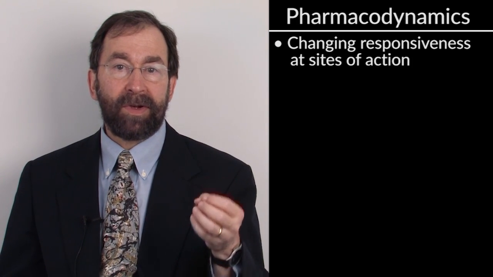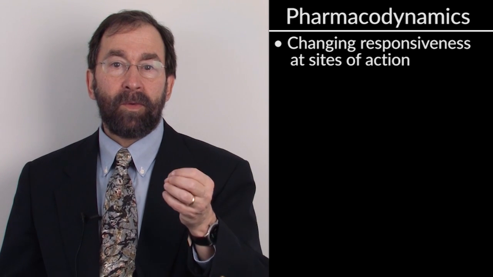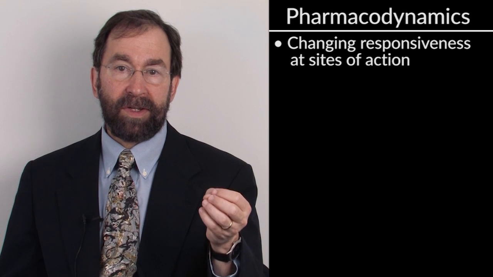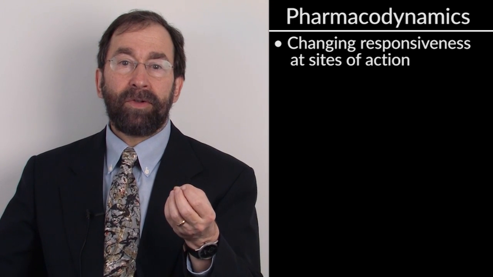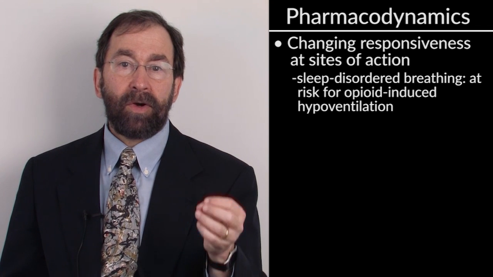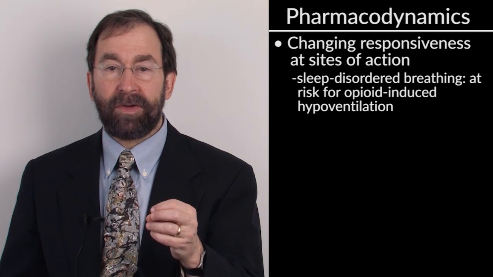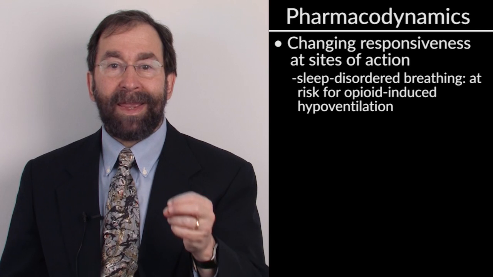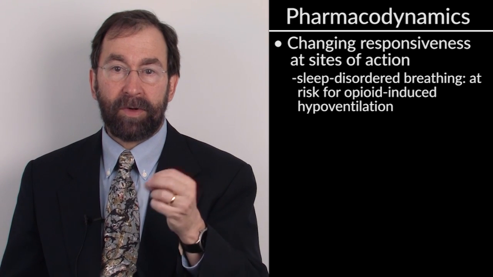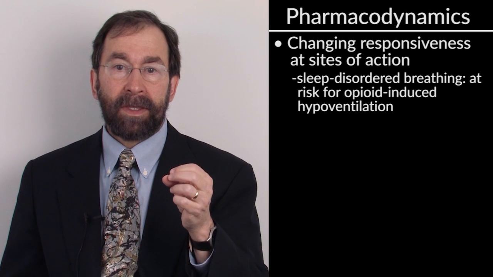Pharmacodynamic susceptibility refers to changing responsiveness to opioids at their sites of action rather than changes due to drug metabolism or excretion. For example, children with obstructive sleep apnea or sleep-disordered breathing show greater risk of hypoventilation from morphine and other opioids, and they require smaller doses of morphine and other opioids in order to achieve analgesia.